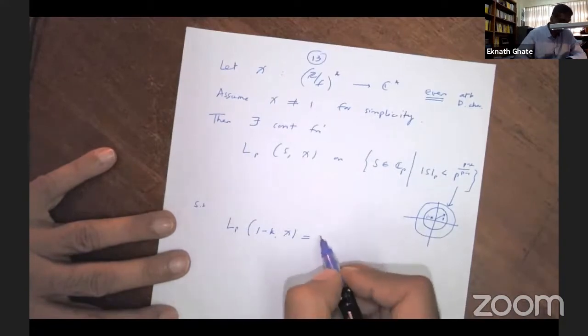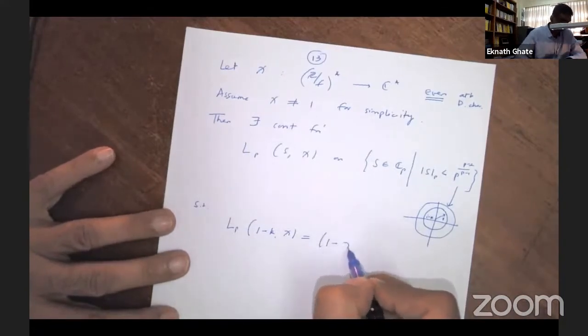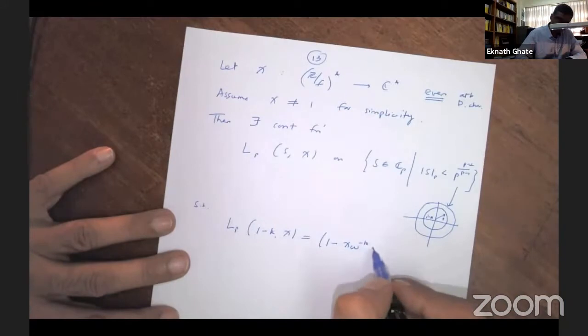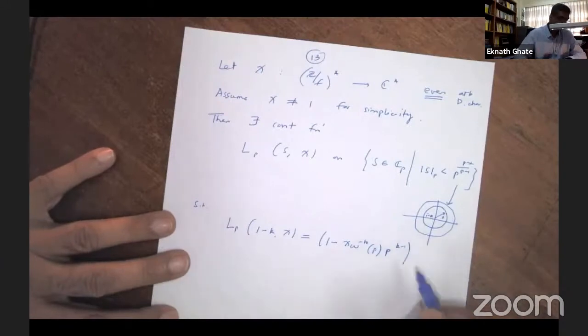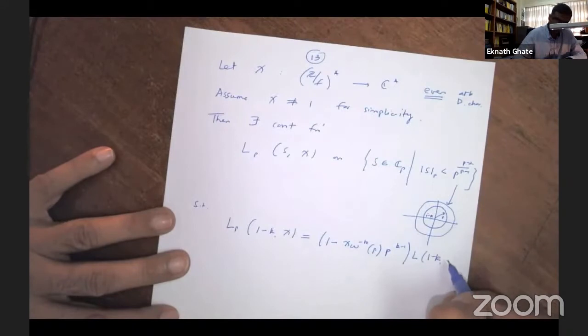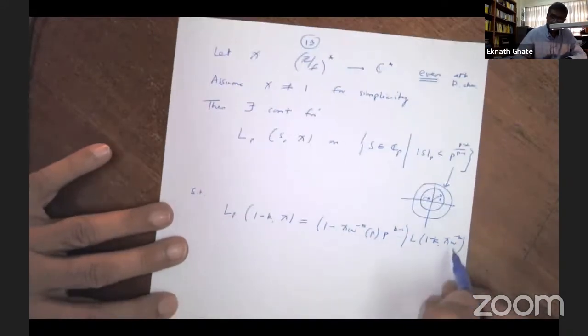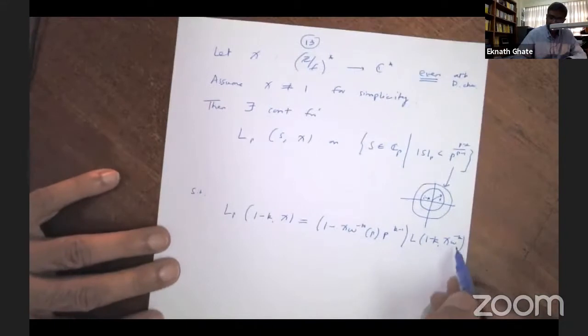You get exactly the Dirichlet values, but with some Euler factor removed. It's the Dirichlet value of the function corresponding to the character chi omega to the minus k.